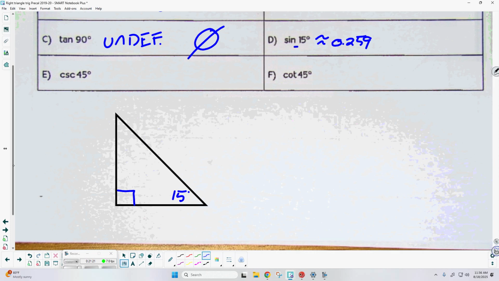So the triangle that contains this 15-degree angle is taking the length of the opposite side and dividing it by the length of the hypotenuse. And this is the result. So it's not just some random number. What you're going to get in the calculator is two side lengths that have been divided. Is everybody okay with that? Cool.